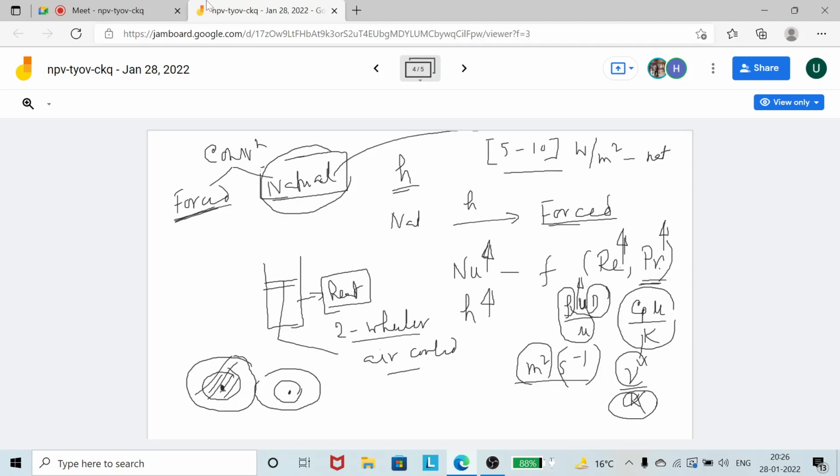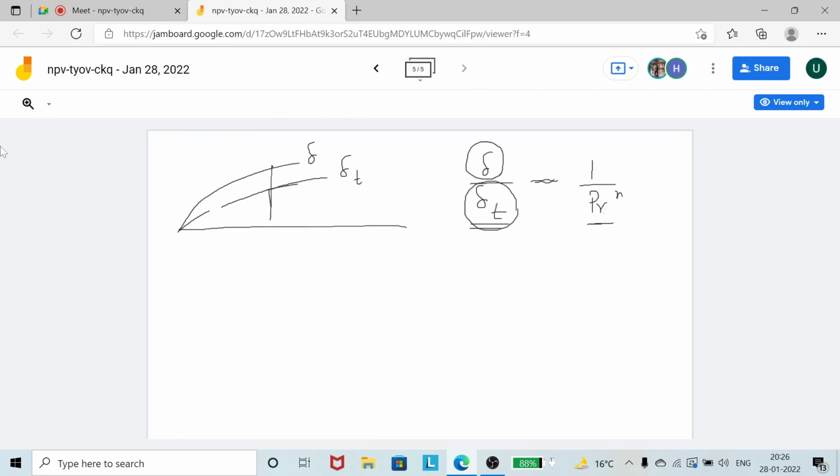Go back to your heat transfer relation. See, PR is greater than 1, then thermal boundary layer is high, and PR is less than 1, then hydrodynamic boundary layer is higher. Which one is higher, that you can find out from this relationship. Delta by delta T is related to 1 by PR. Sometimes there is a PR to the power n. So you have to have an idea of what is the order of PR.